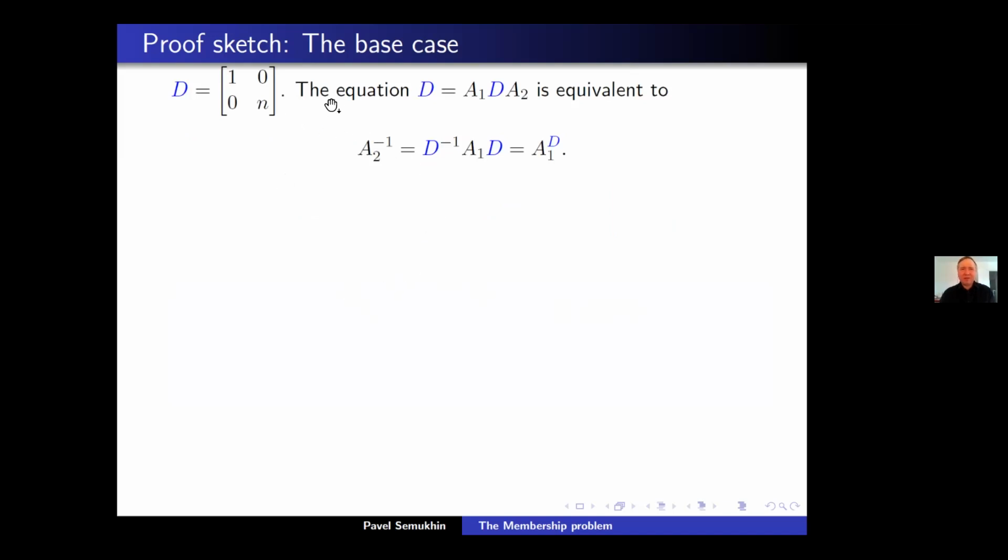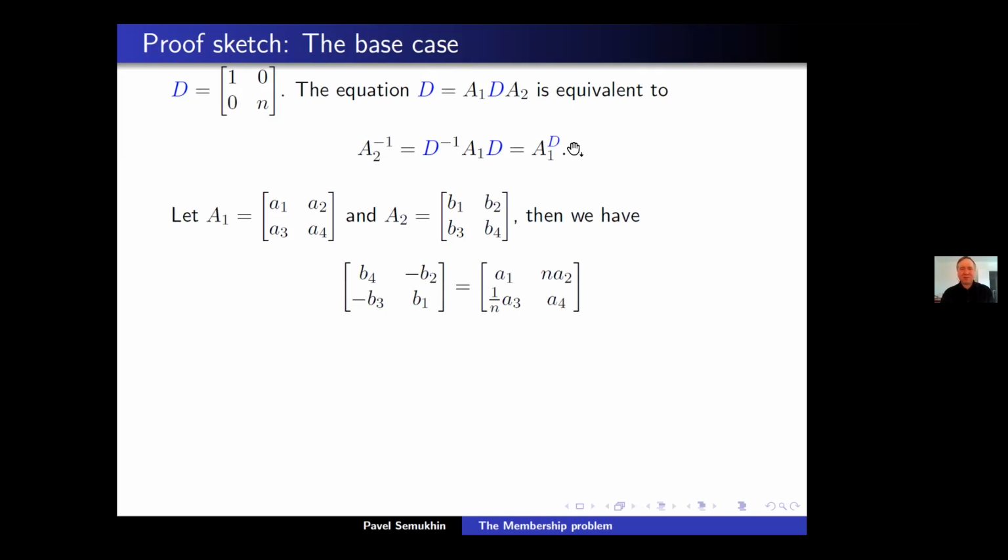First of all, note that we can rewrite this equation simply as A2 inverse equals D inverse times A1 times D, which is just the same equation as above. And this matrix here is equal to A1 conjugated with the matrix D. Now, let's look a bit closer at this equation.